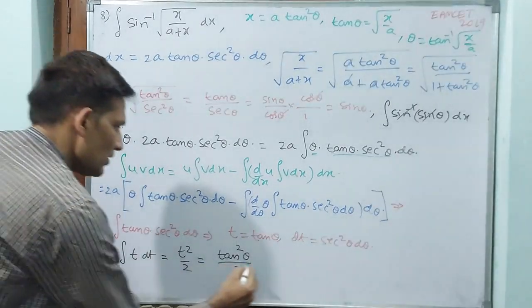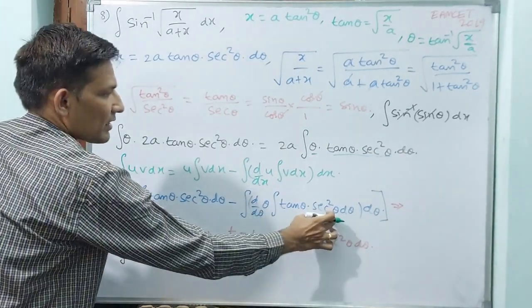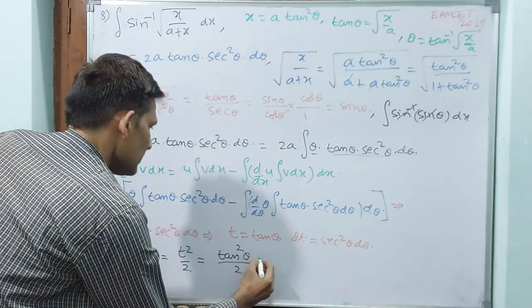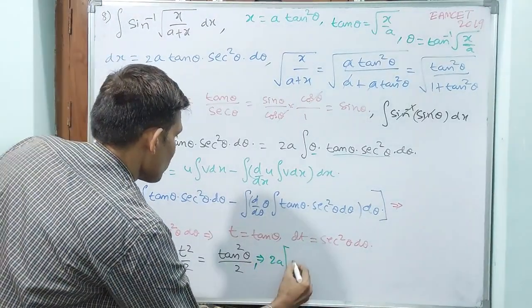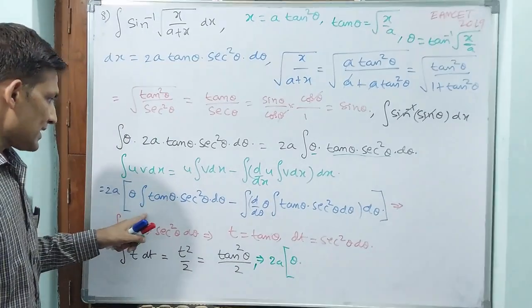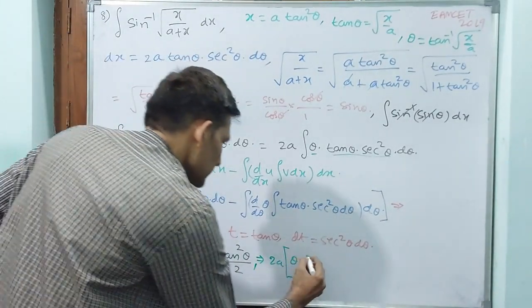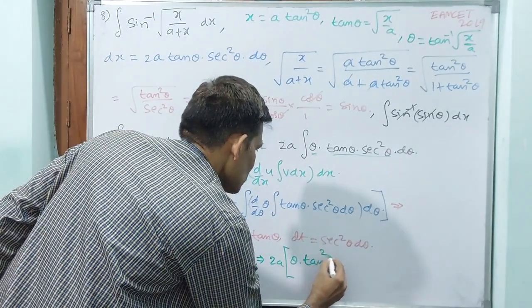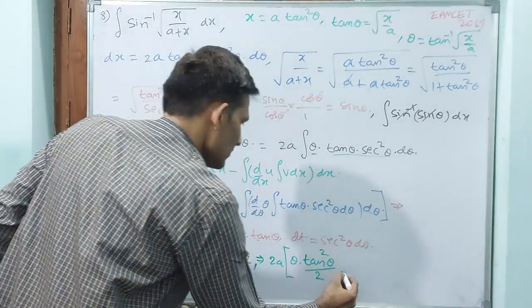Yes, see, comma I am keeping. You see, this tan square theta d theta you have to substitute here and here. Let us proceed. Implies, I am keeping 2a theta into, see this has become, already integration we have done, tan square theta by 2 will come. Tan square theta by 2, minus.